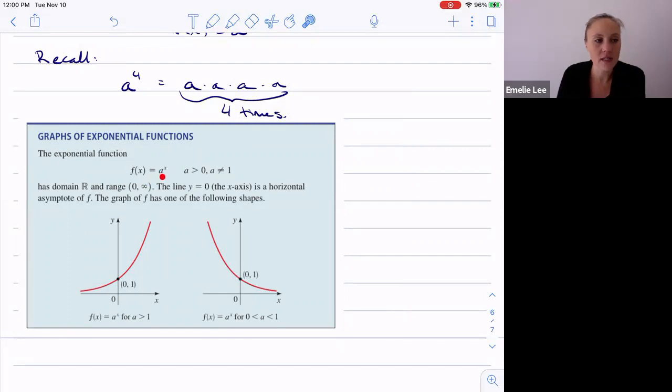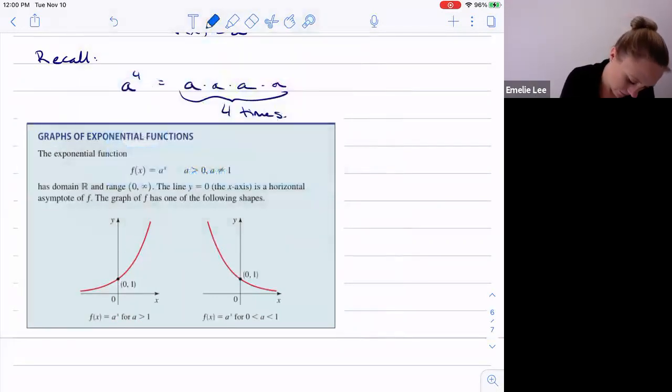Depending on what the base is, if you have an a greater than 1, so still a is greater than 0 and a can't be 1, but if a is greater than 1, then you have this upward action. We call this exponential growth.